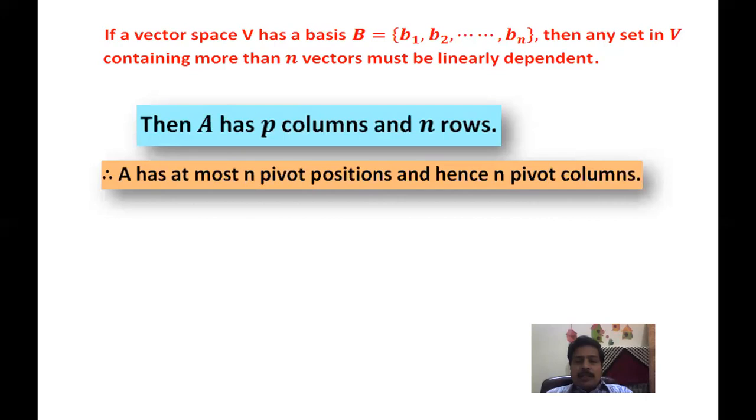One row cannot have two pivot positions, so at maximum we can get n pivot positions. The columns which have pivot positions are called pivot columns. So there cannot be more than n pivot columns. So you can conclude that A has at most n pivot positions and hence at most n pivot columns.